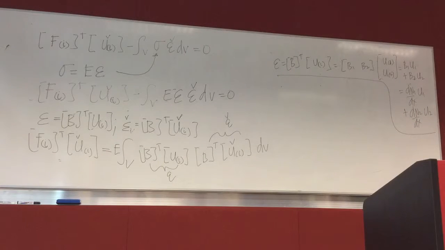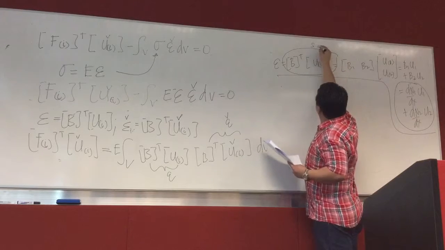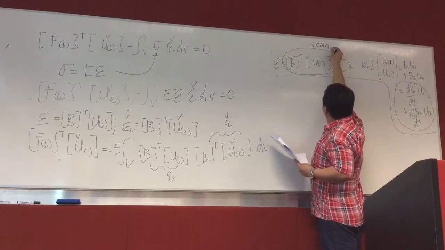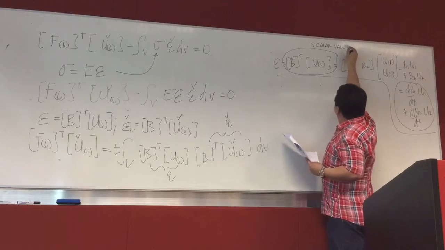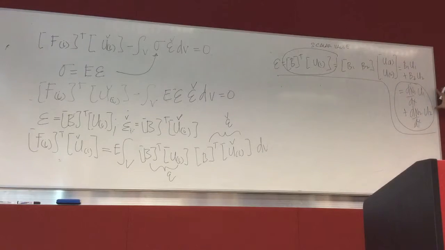So what's next? So the next thing that you're going to do here, take note of this one. Yes, this one is a scalar value. So just take note of that. It's a scalar value, it's not a matrix.